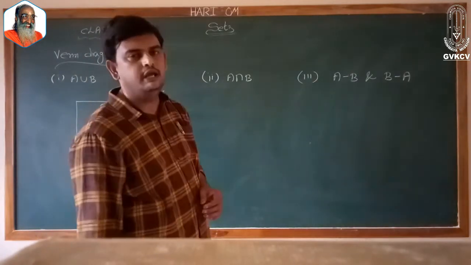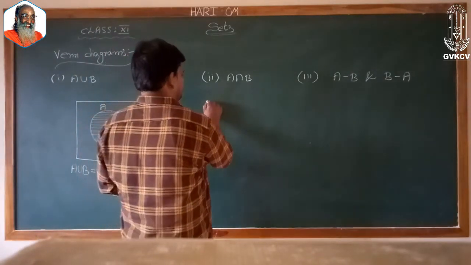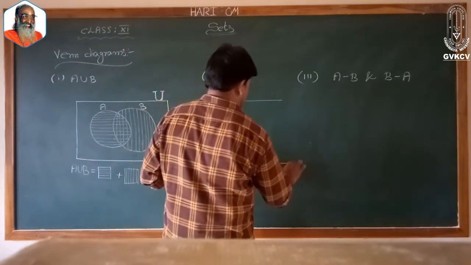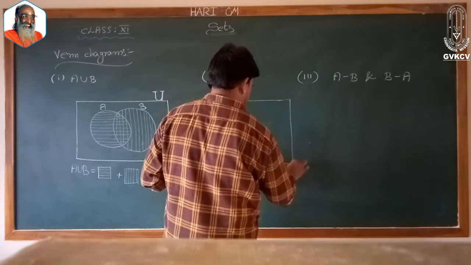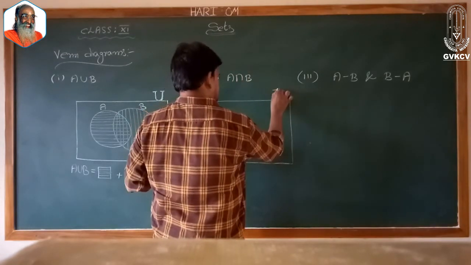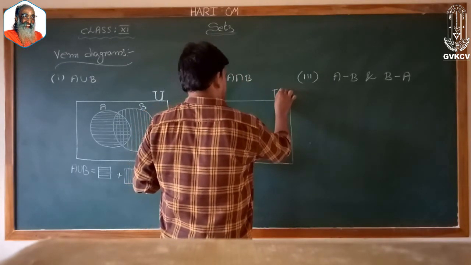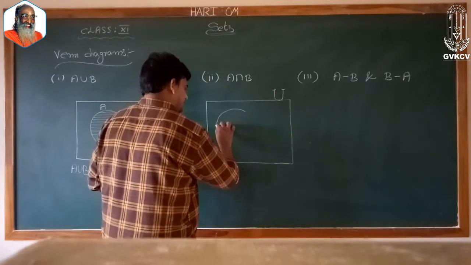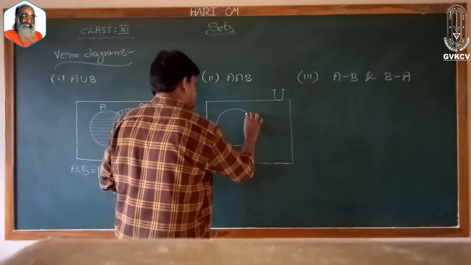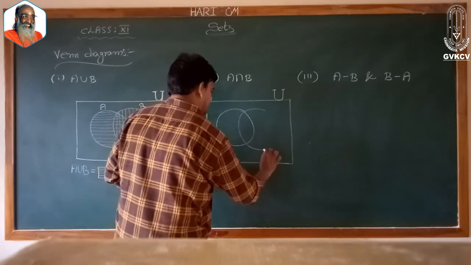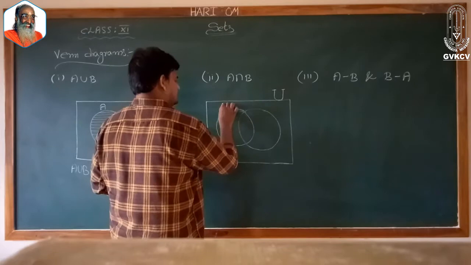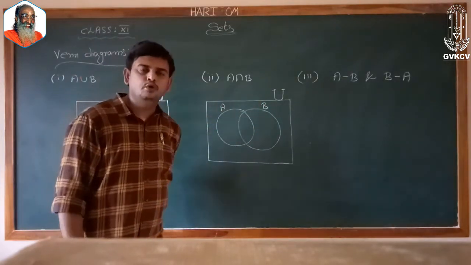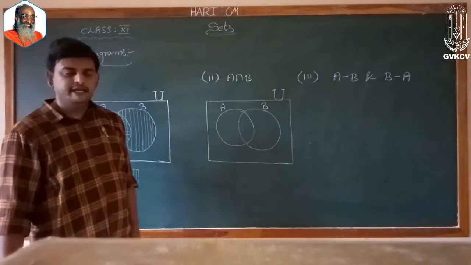Now coming to A intersection B. We have the same setup: a rectangular box which indicates the universal set, and in this universal set again we have two subsets. One is set A, another one is set B. This is set A, this is set B. Now you observe here intersection.